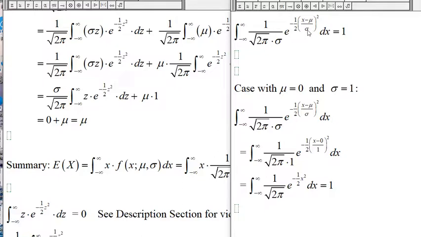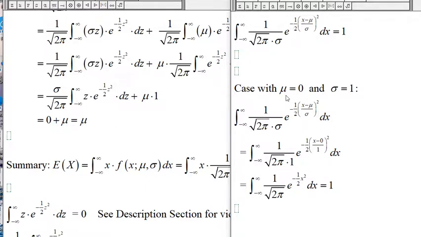Remember that mu is any real number and sigma is any positive real number. So as long as mu is any real number, positive or negative, and sigma is a positive real number, then this integral is equal to 1.